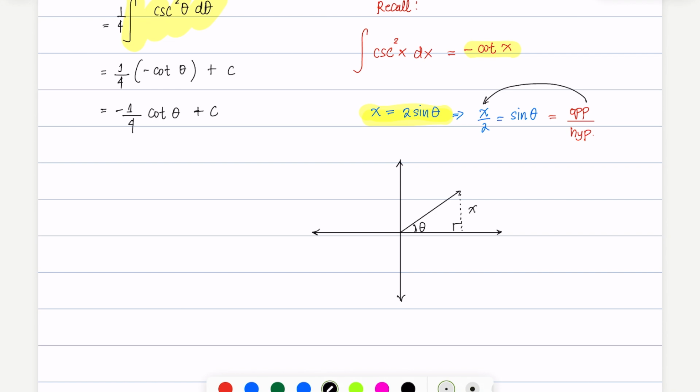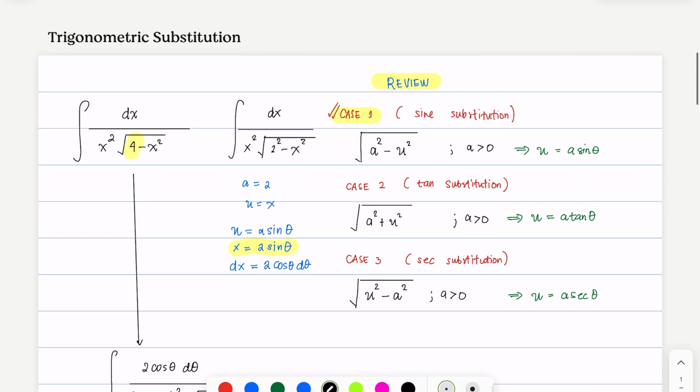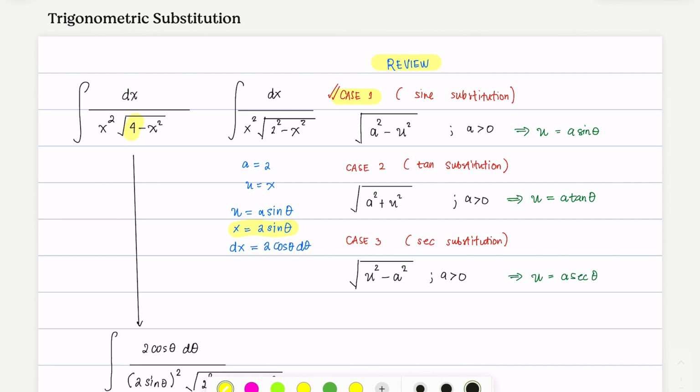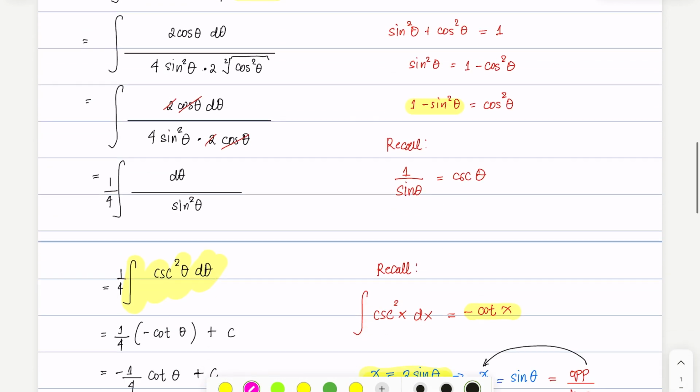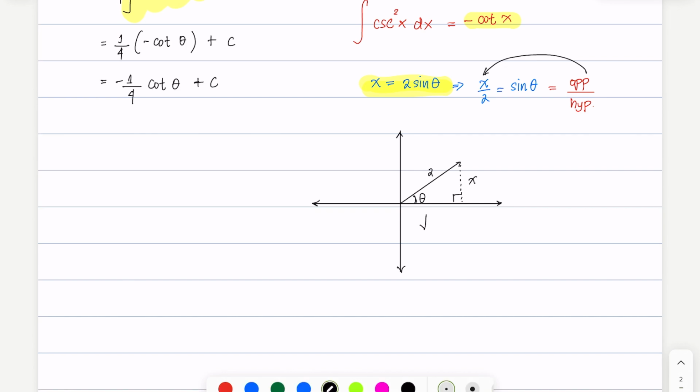Opposite to that is your hypotenuse, so you got 2. And this side over here is actually this portion of your integral. I'm going to highlight that. This portion over here. So that will just be the square root of 4 minus x squared. You can check it yourself. You're just going to use the Pythagorean theorem for that.